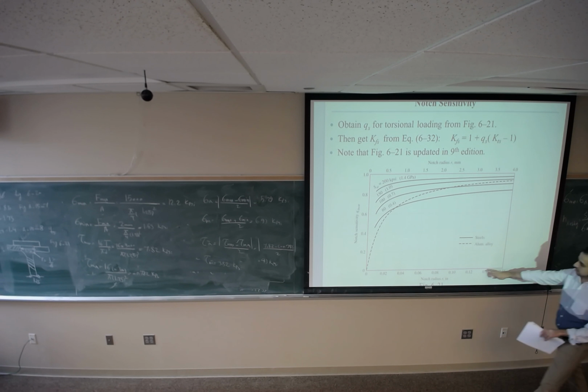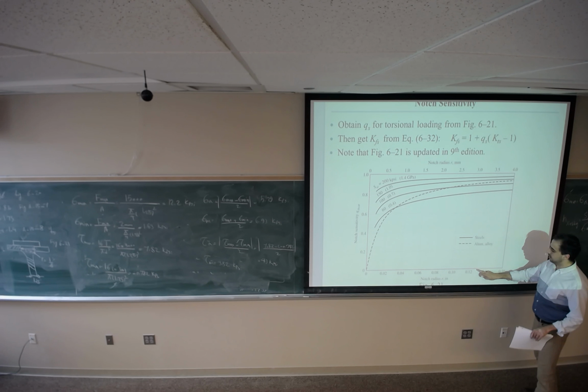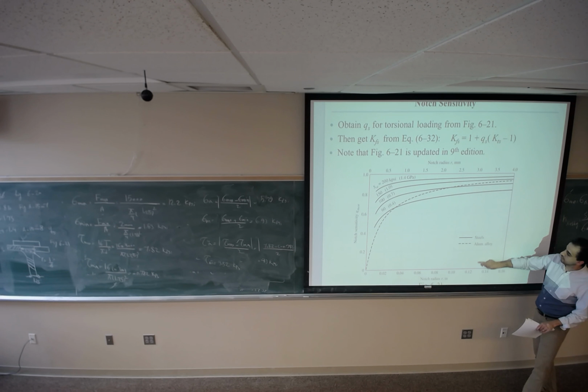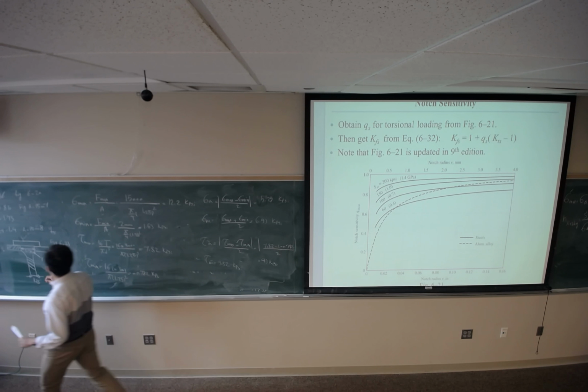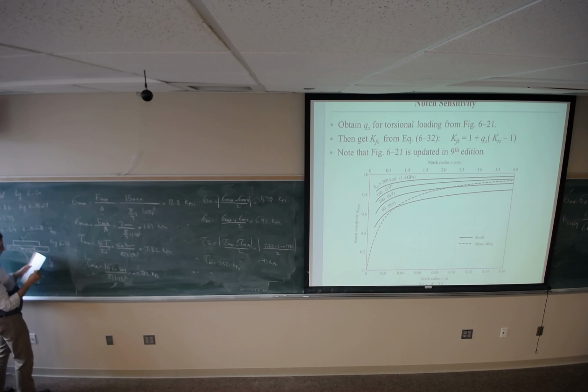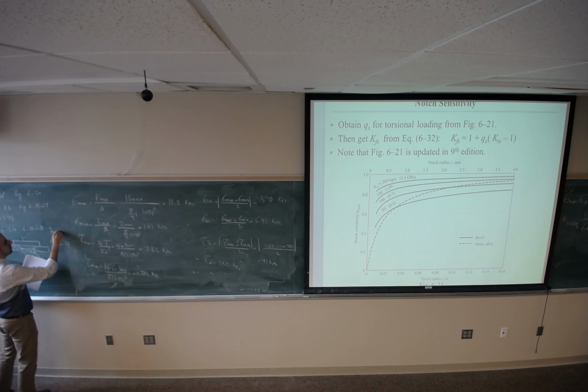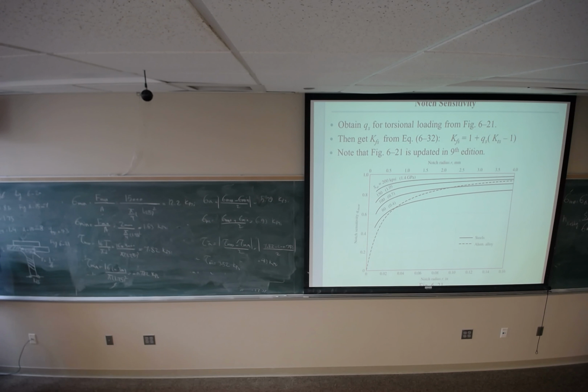So the radius of the notch is 0.125. Find the corresponding curve and the qs, which is 0.93. So we can find Kfs equals 1.372.